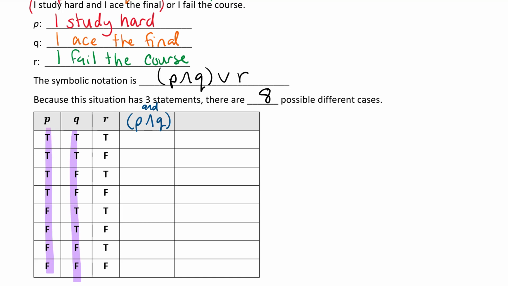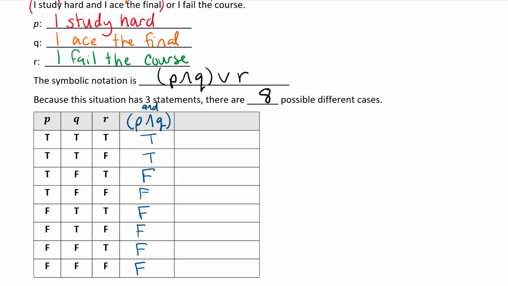So for P and Q, if they're both true, then it's true. So they're both true, true. If they're both true, true. If anything in the statement is false, then the whole thing is false. So this one has a false, this one has a false, the next one has a false. In fact, they all have a false in them after the first 2. So I've done the P and Q.